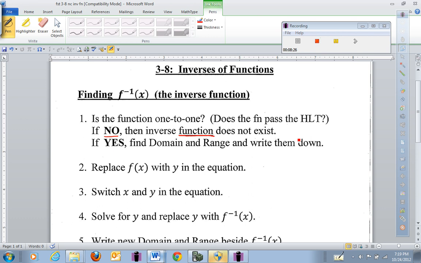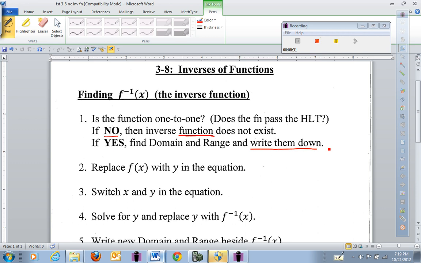Okay, if the answer is yes, we're going to find the domain and the range, and we're going to write them down. So the first thing we're going to do is write down the domain and the range. Okay, the next step is number 2. We're going to replace f of x with y in the equation. Then we're going to switch the x and the y in the equation.